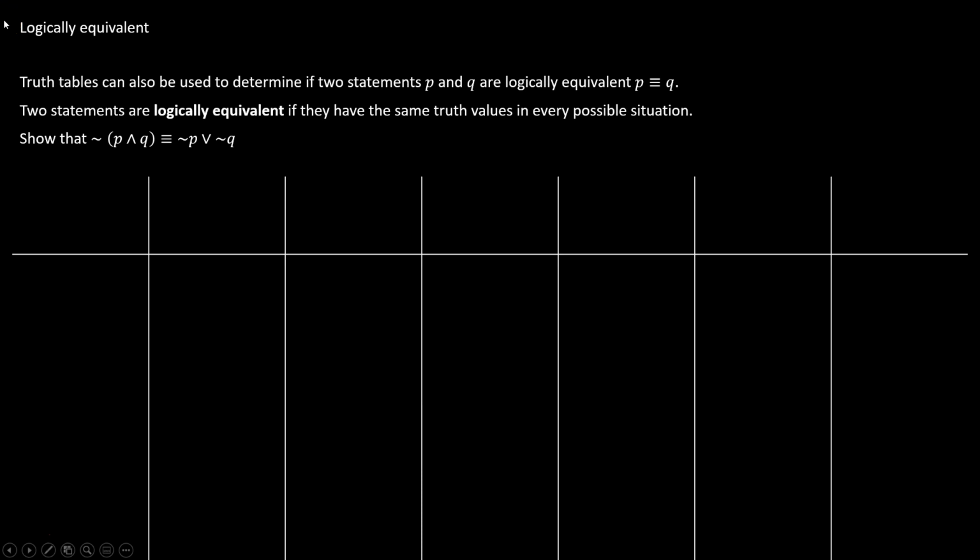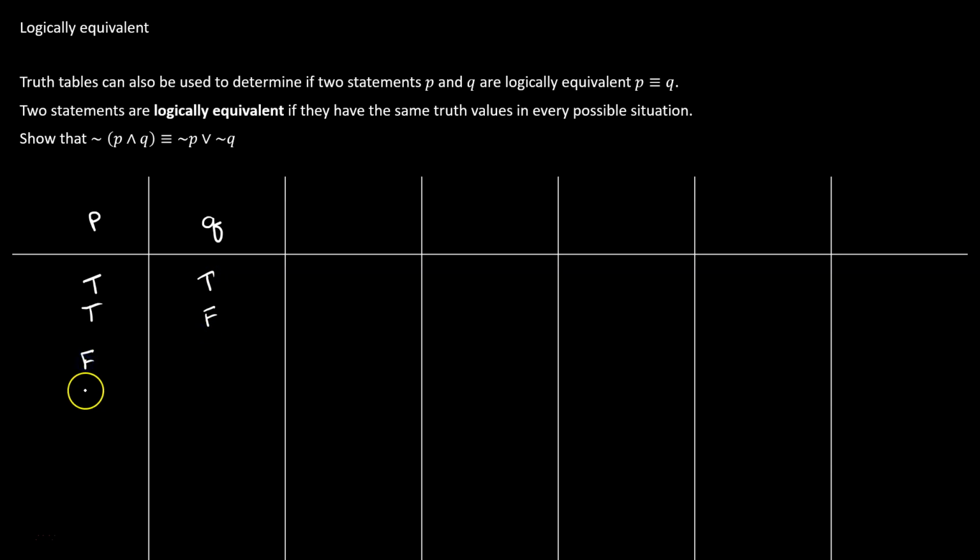Truth tables can also be used to determine if two statements are logically equivalent. Now, if we're just looking at P and Q, this can be very simple. For example, if I list out all of my possibilities for P and Q, I have true, false, true, true. That's not the order I like to do it.